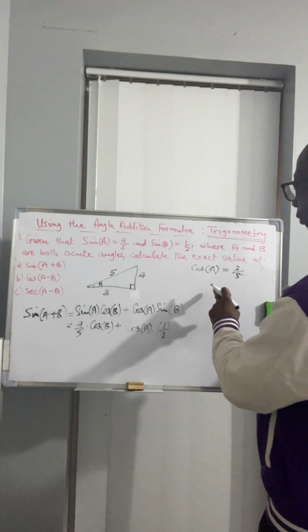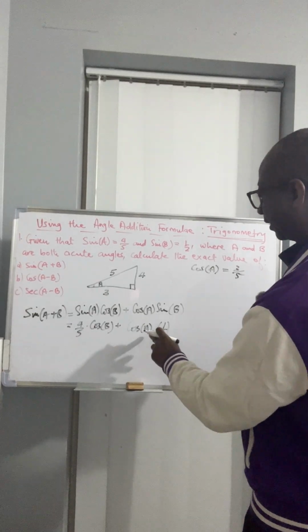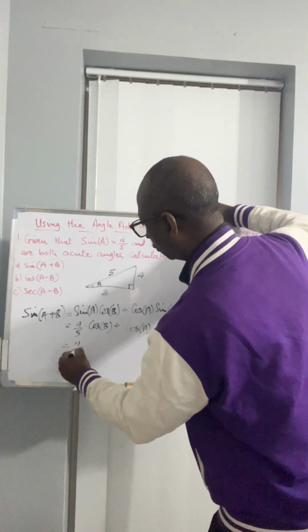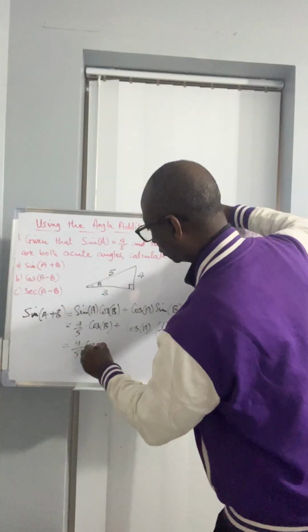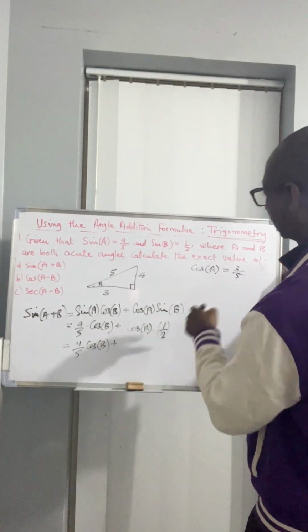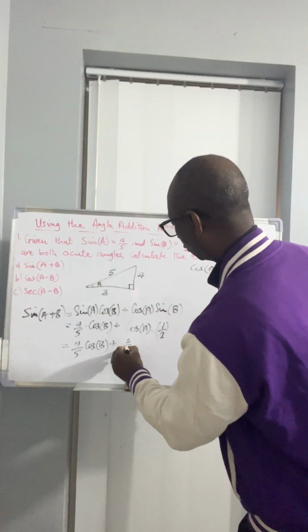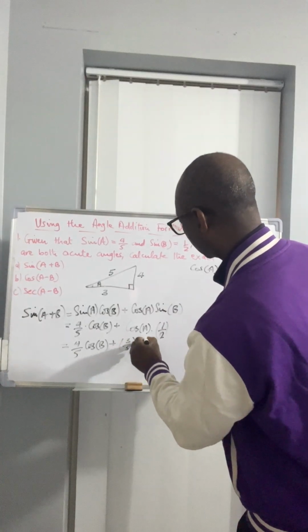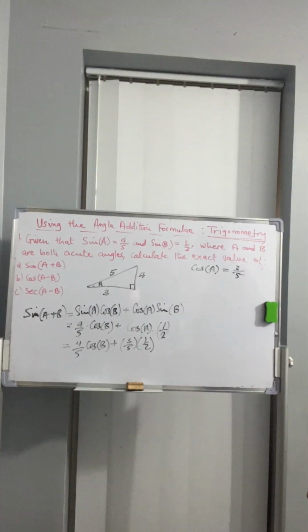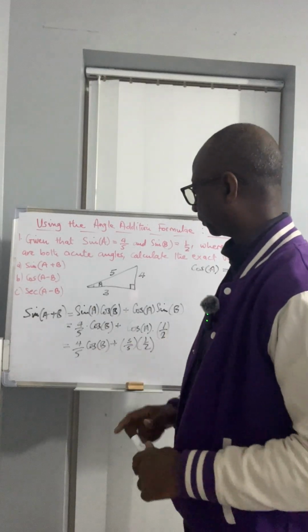So we now know cos A is 3 all over 5. So this problem now becomes 4 all over 5 cosine of B plus, now cos A is 3 all over 5, 3 all over 5 times 1/2. It's not finished yet. We now need cos B.